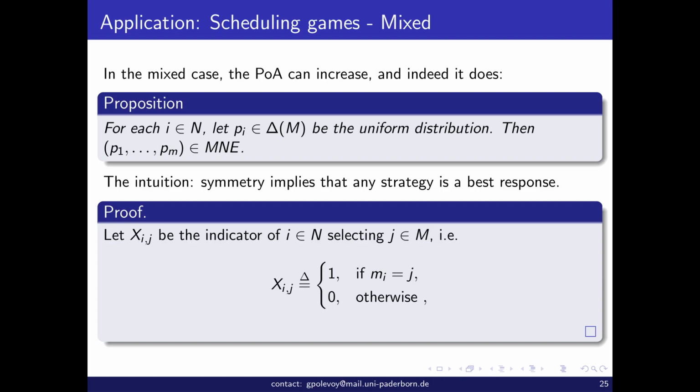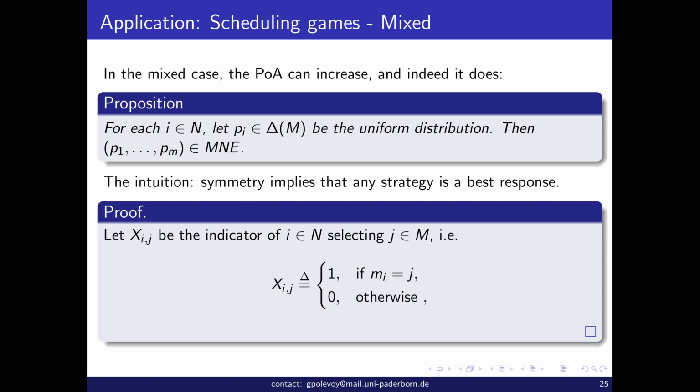So first we prove that the concrete profile, in which each player chooses the uniform distribution over all the machines, so randomly chooses with equal probability one of the machines to run on, is a mixed Nash equilibrium.